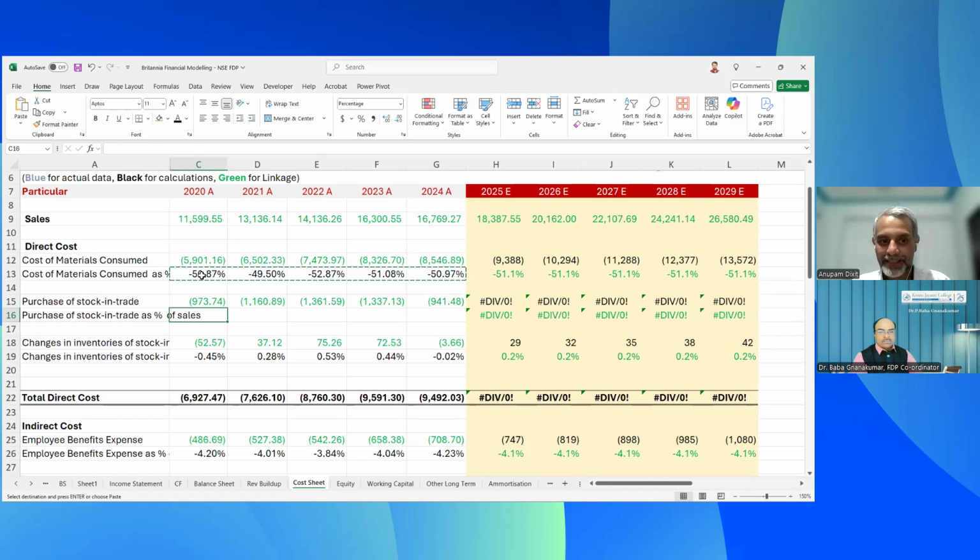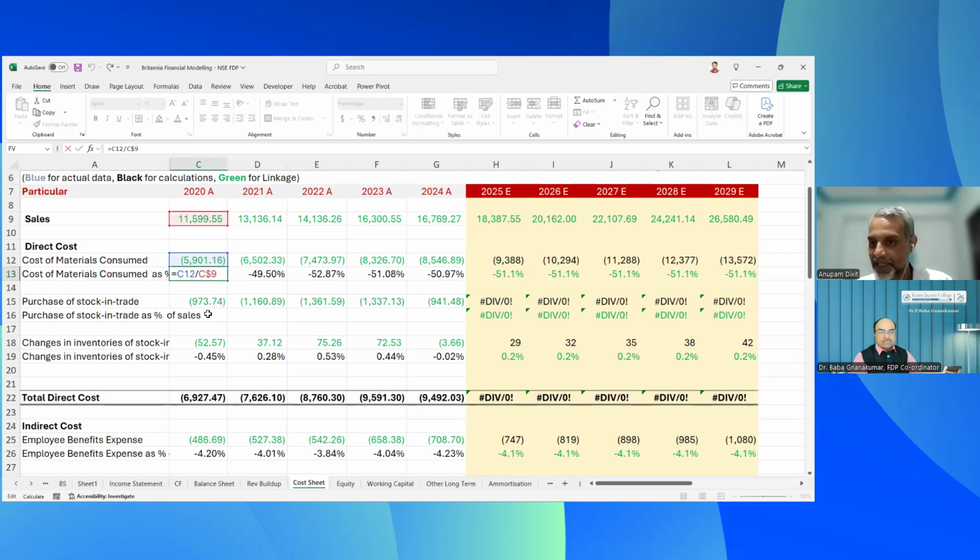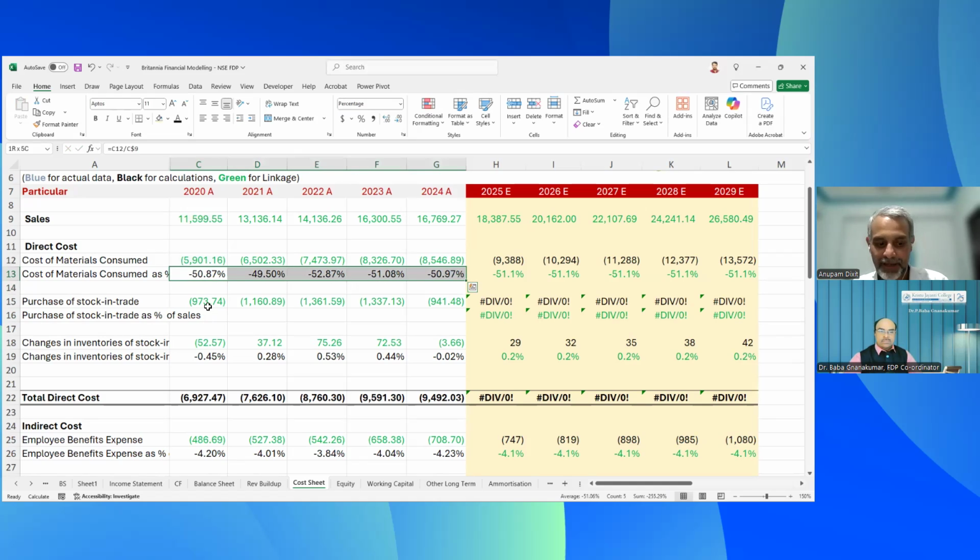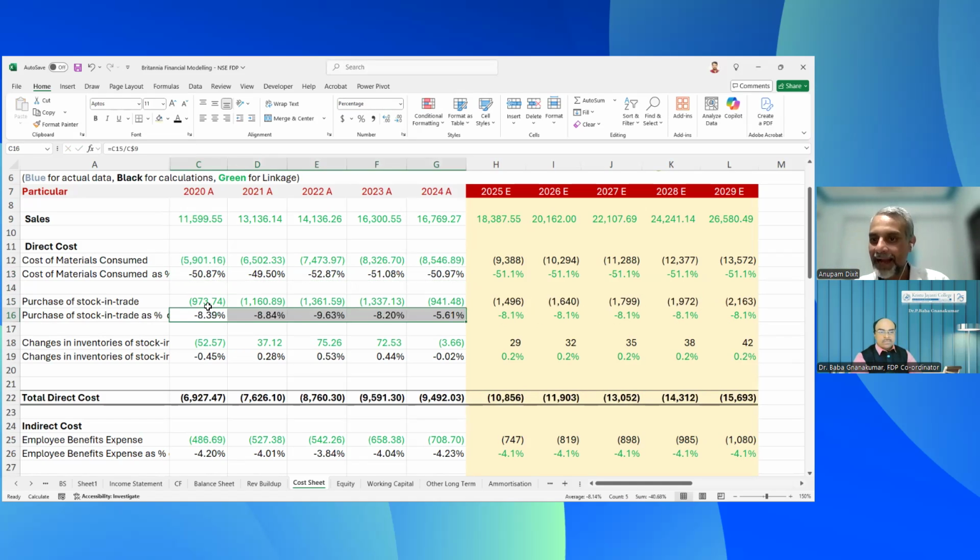What is the formula here? The formula here is C12 divided by C$9. So if I take it down to C16, it should become C15 divided by C$9. Let's see. I will copy all these and paste here. That's it, and I have got my things working here.